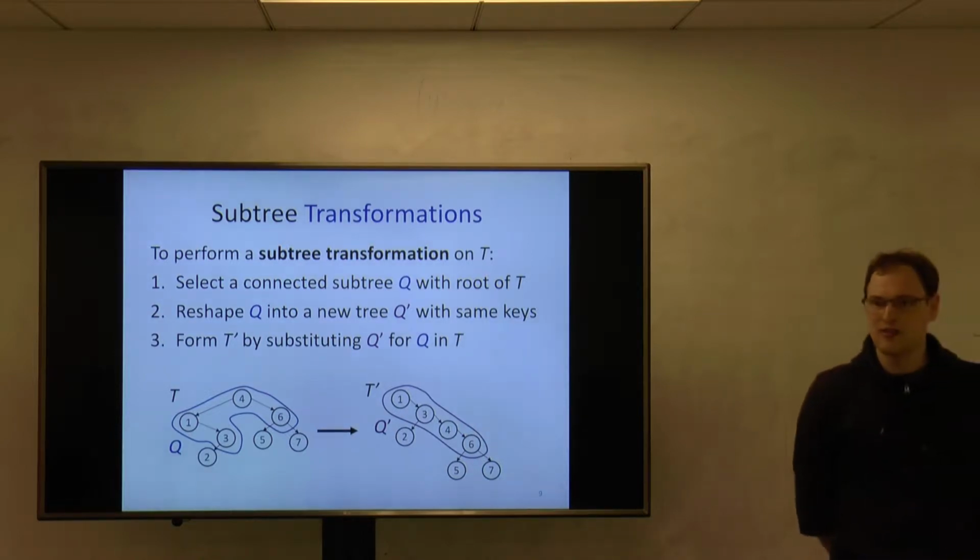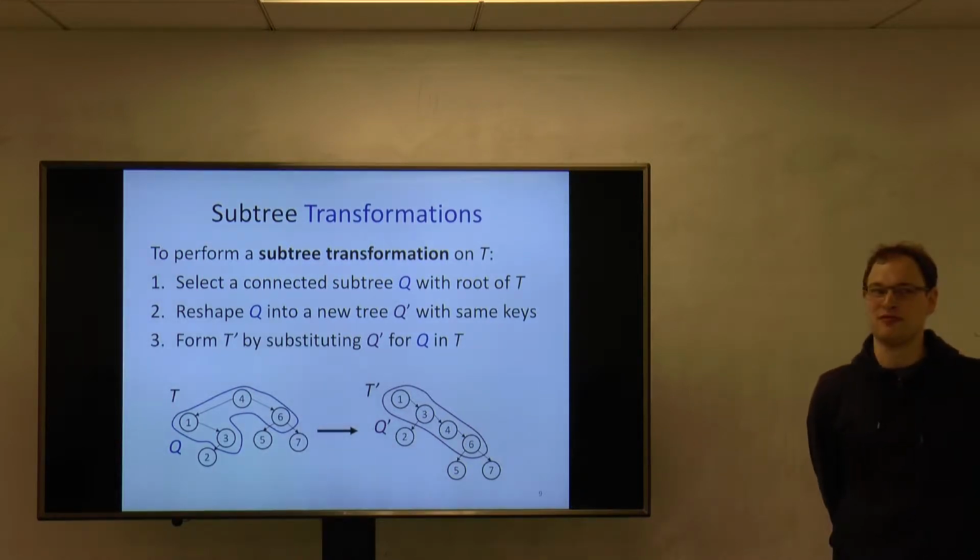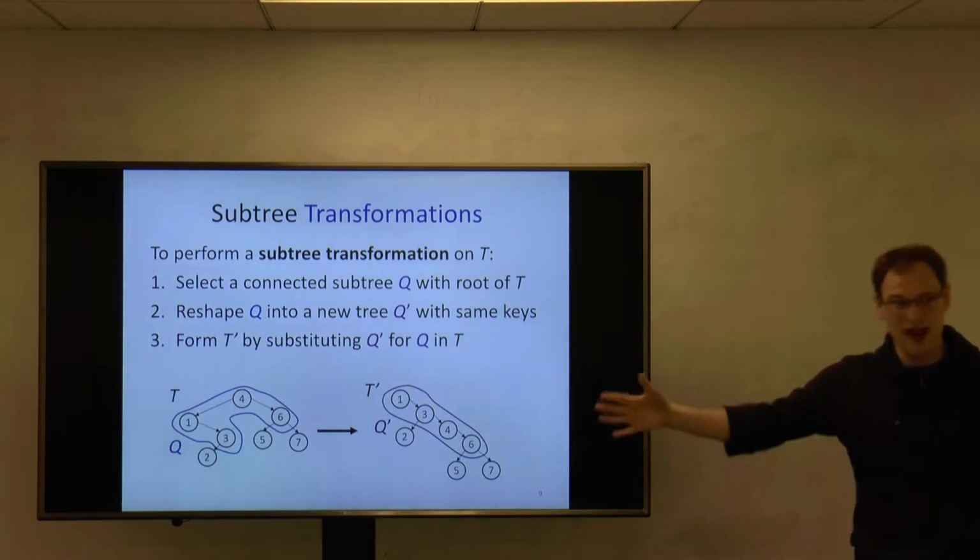So the basic operation in our model is going to be subtree transformation. Now this is probably less usual than rotations. It's not as common a way to define things, but it makes things mathematically very nice for our purposes.